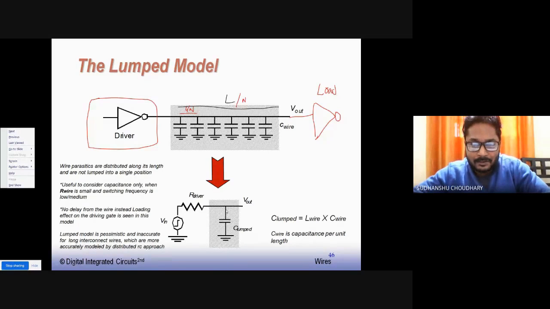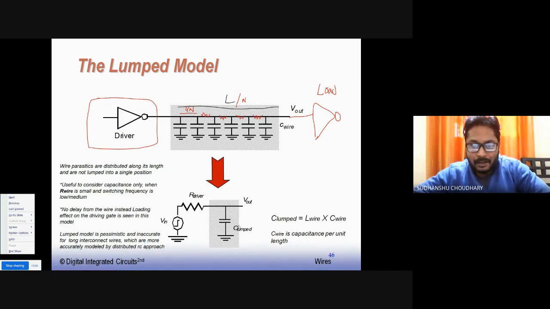So in that case, you will also see resistances over here along the length of the wire, right? So this resistance cannot be ignored. So when the wire is long, this approach, that is the lumped model, will fail. Okay, then one has to utilize the distributed approach for calculating delays.